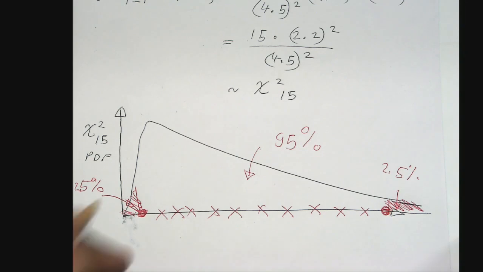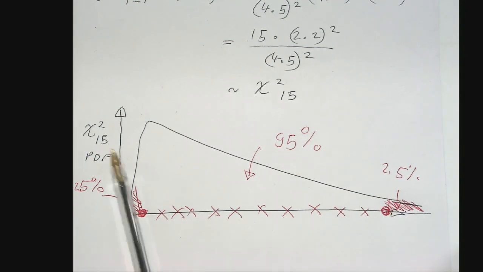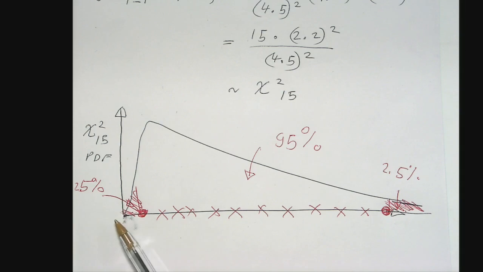If it falls over here or over here, at the extreme left or extreme right, then it's unlikely that the null hypothesis is accepted. You wouldn't expect a number that follows a certain distribution to fall in the extreme corners of that distribution.